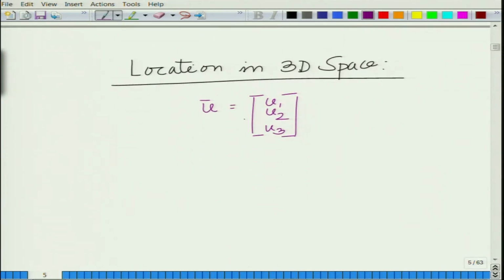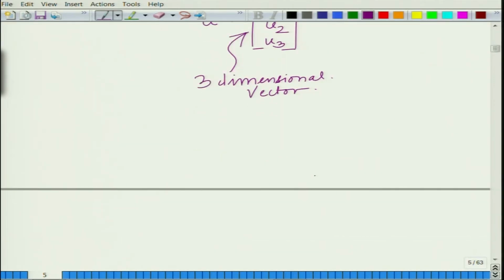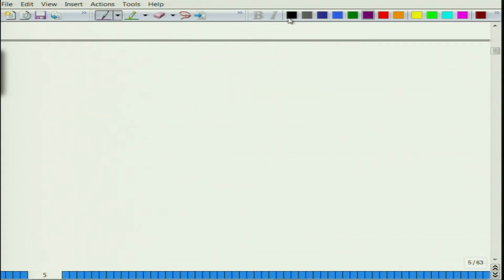So, this is basically a 3-dimensional vector. This is the physical space that we are used to. This is your location in 3-dimensional space.